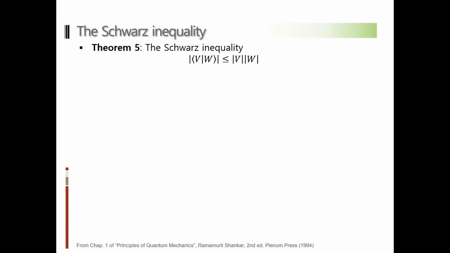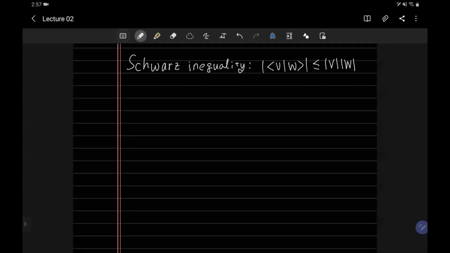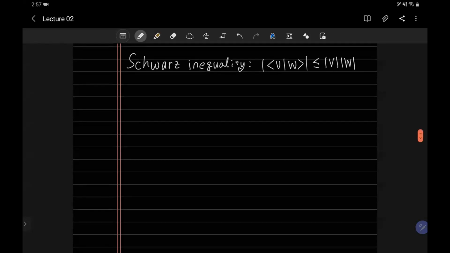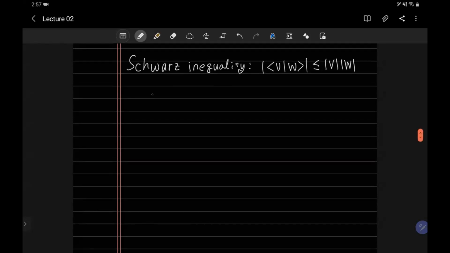So let's begin. First, let's think about the intuitive meaning of the Schwarz inequality. Let's assume that we have two vectors, something like this. This is a real vector in the two-dimensional space. It doesn't really have to be in the two-dimensional space, but just for the simplicity of the discussion, let me assume that it is.